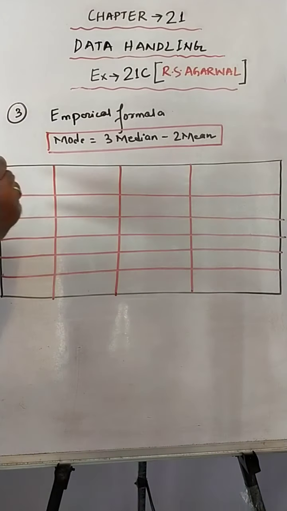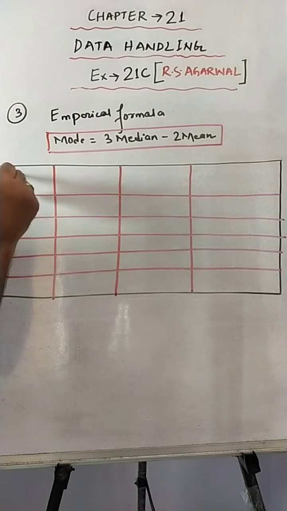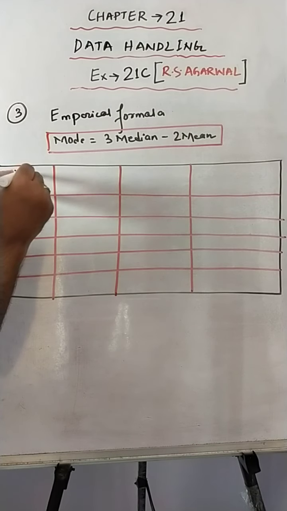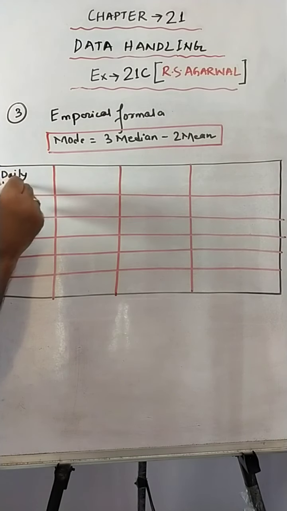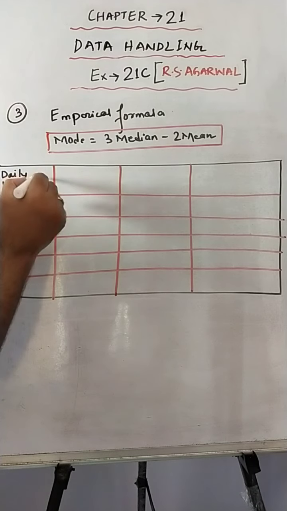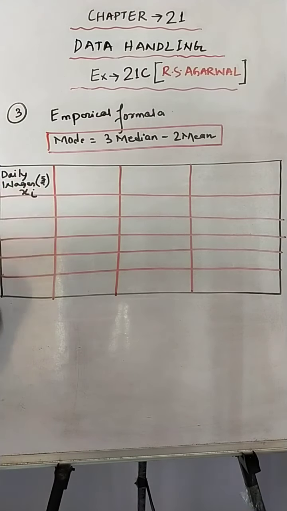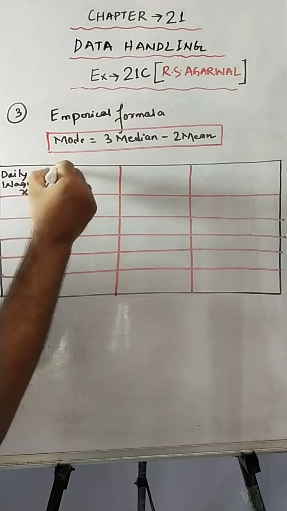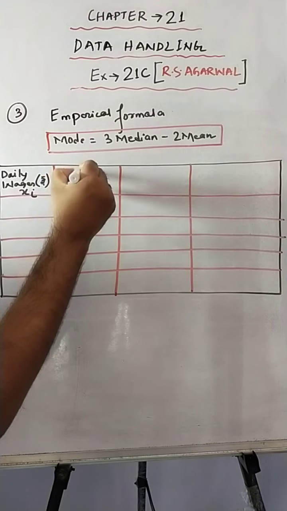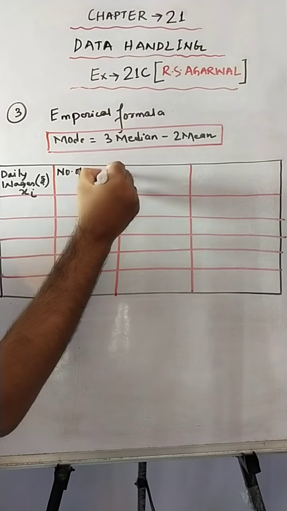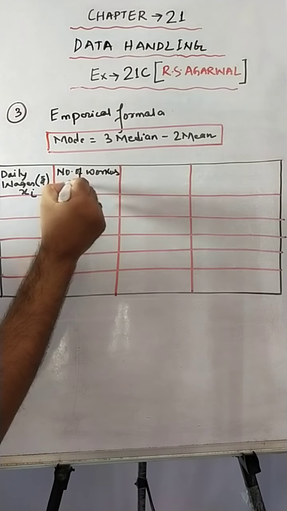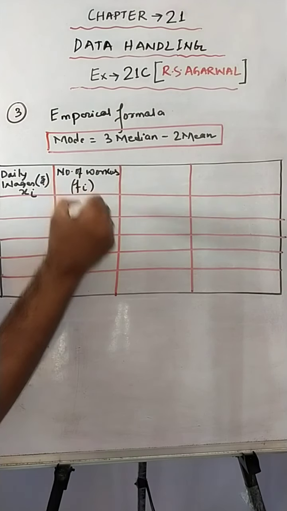The first column is daily wages. It is already written in the question. Daily wages, given in rupees, and please consider this as Xi. The next column is number of workers. It is also given in the question. This you will consider as Fi.